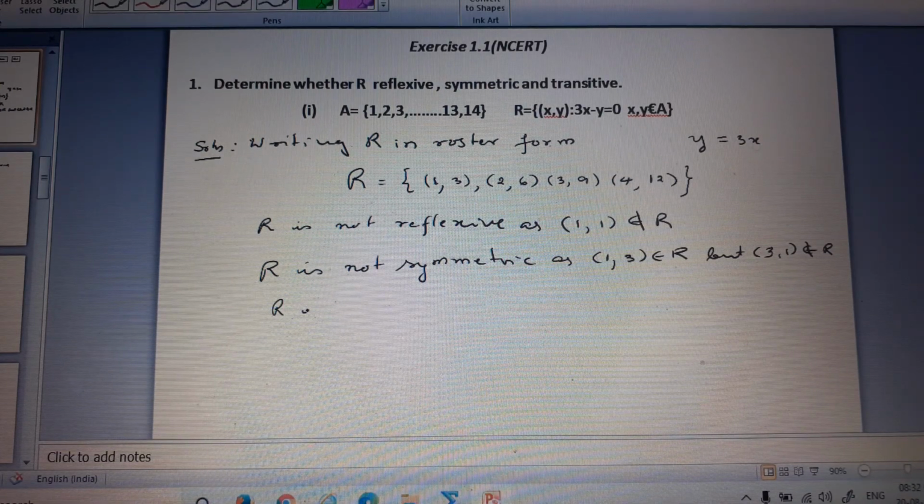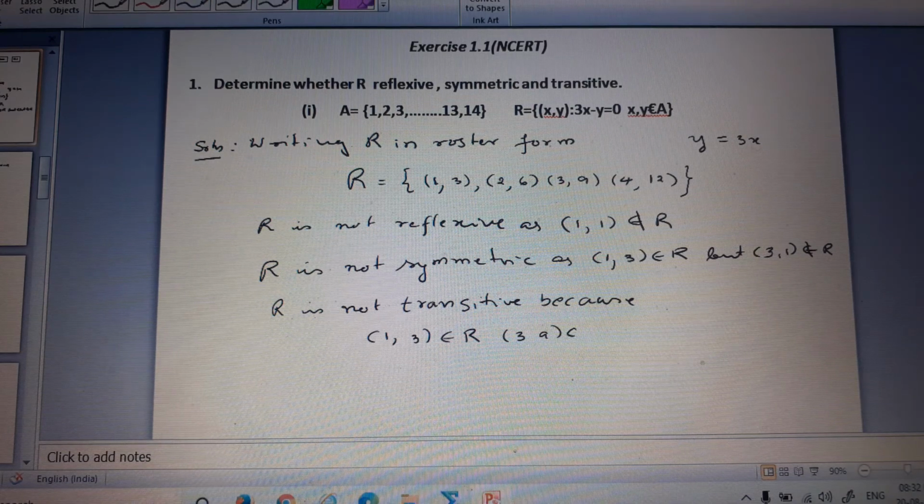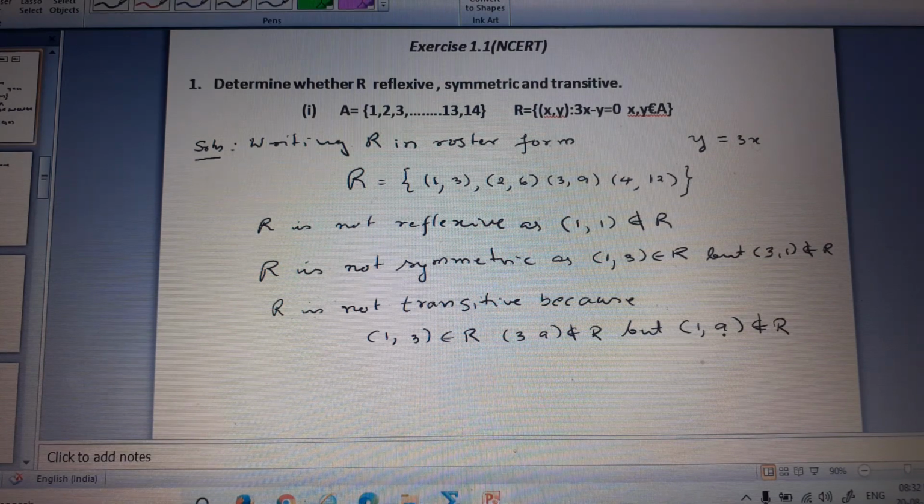So R is not transitive, because (1, 3) belongs to R and (3, 9) belongs to R, but (1, 9) does not belong to R. Therefore, it is not transitive.